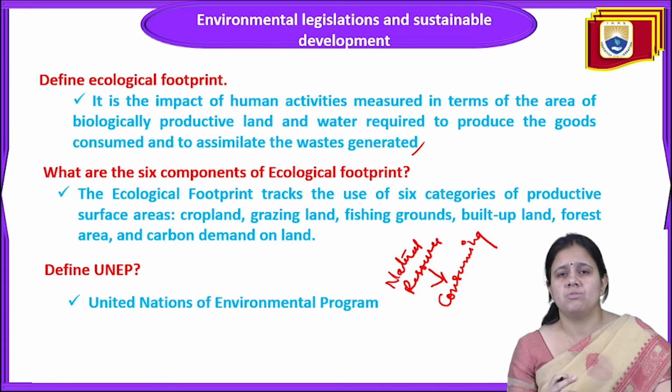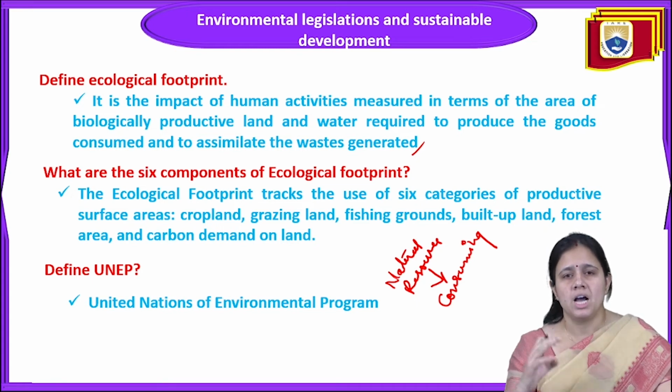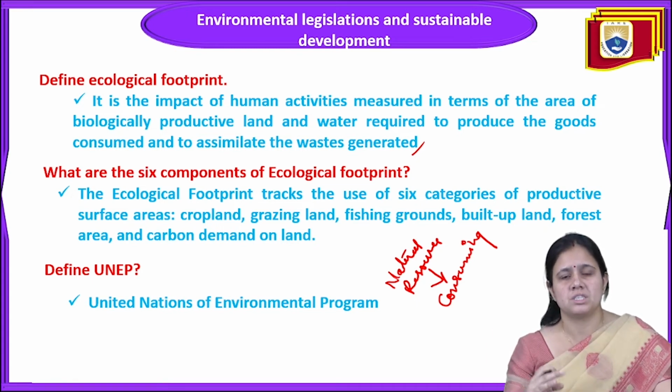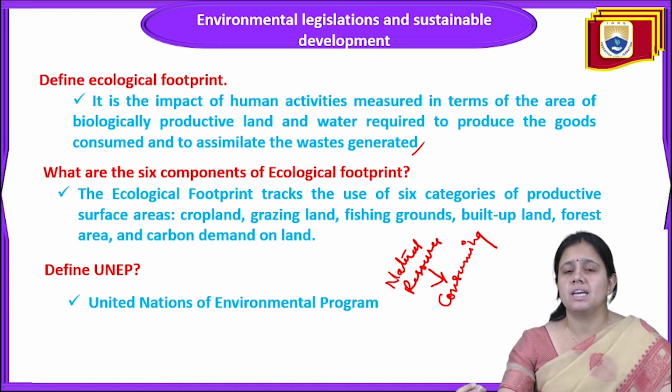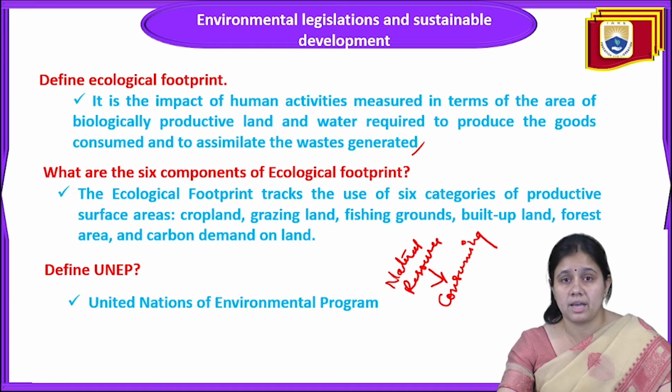From this ecological footprint, you get an idea of how much natural resource is consumed by a human being, at what percentage or what measurement. Then only we get an idea whether it is over-consumed, over-exploited, or used in a sustainable manner. So from the ecological footprint, we get an idea regarding sustainability.